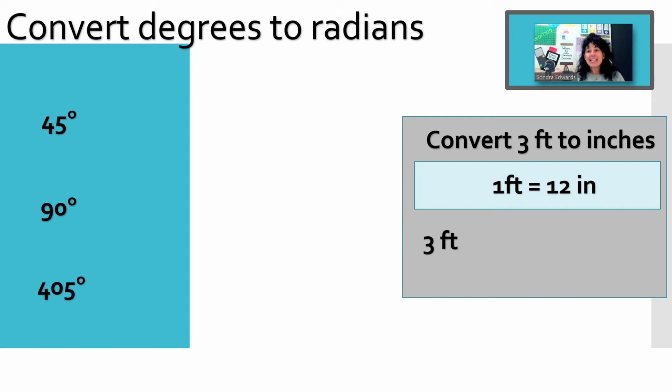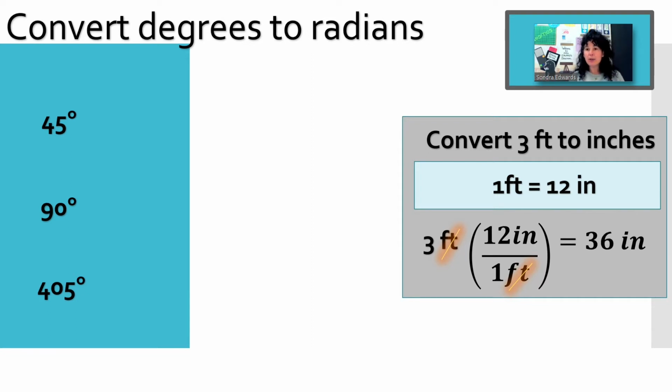So the feet need to be in the denominator so that we can cancel out the label feet, telling us that we should multiply by 12 inches over 1 foot and not 1 foot over 12 inches. The foot label cancels, and now we can multiply straight across, and we end up with 36 inches.